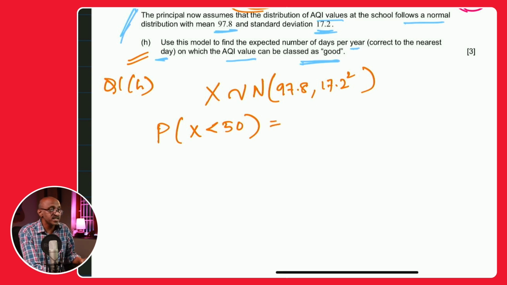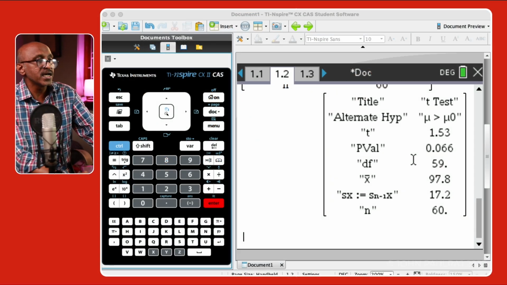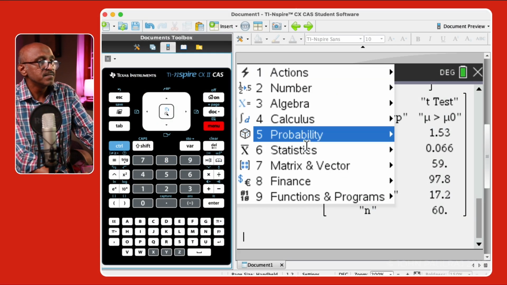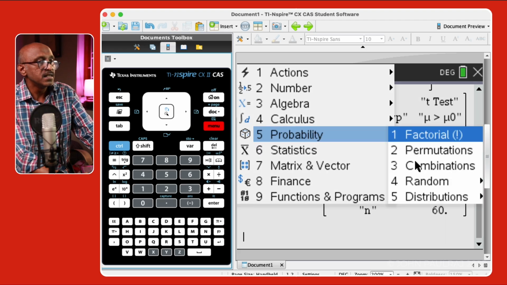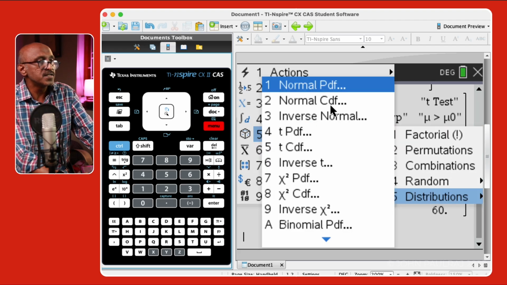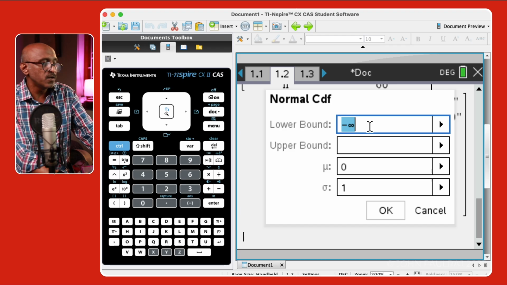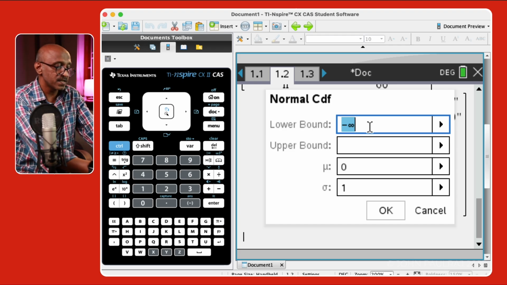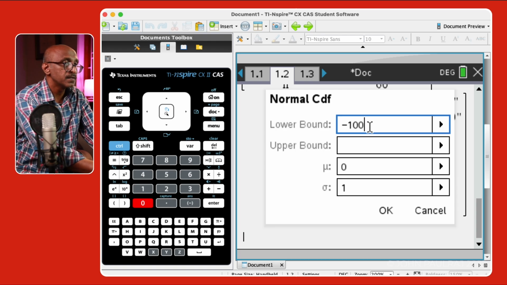So using a GDC again, let's write that phrase down, using GDC, and we go to the calculator one more time. This time we're going to use normal CDF, under probability and distributions. The lower bound is going to be any large negative number, so negative 10,000 is good enough.